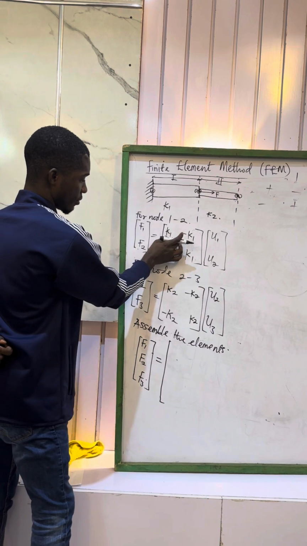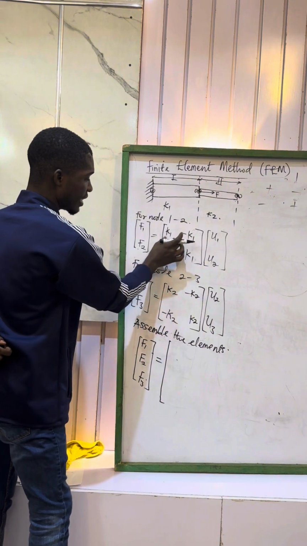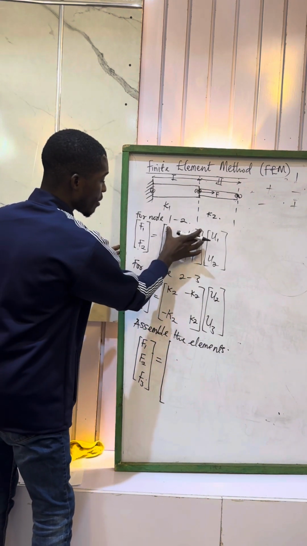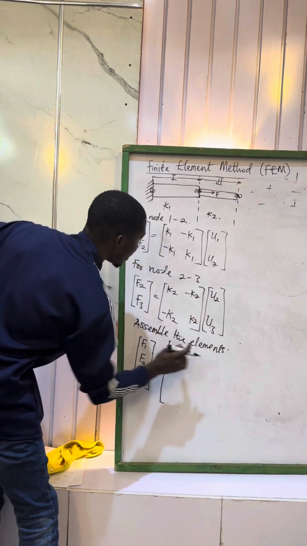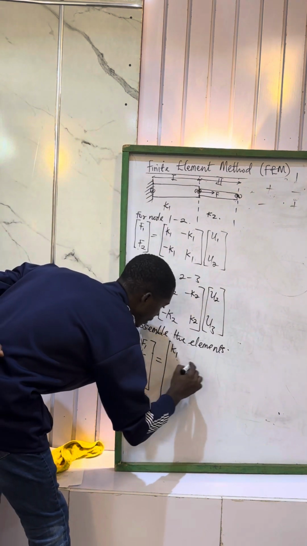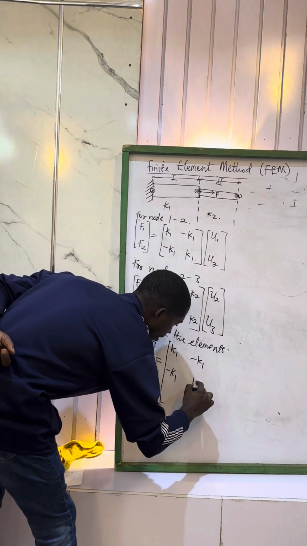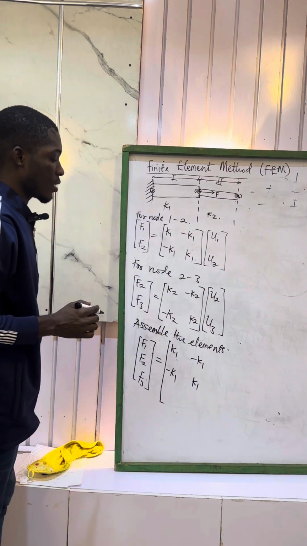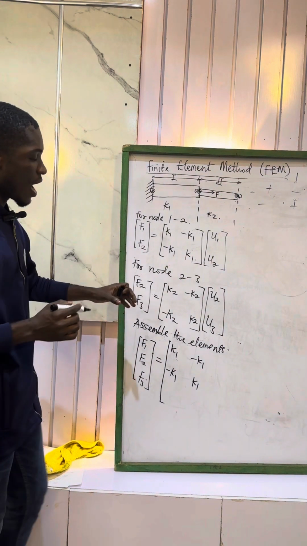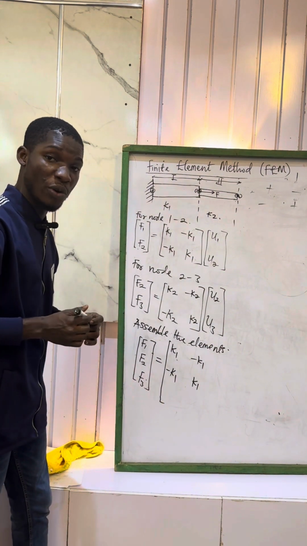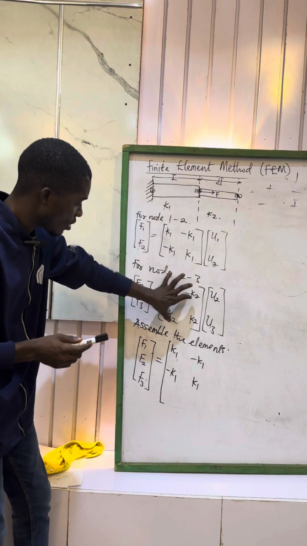This is K1. Now, this K1, you're going to repeat everything here. You repeat it here. We have K1, minus K1, minus K1, K1. Now, this is where the merging will come in. Look at this.